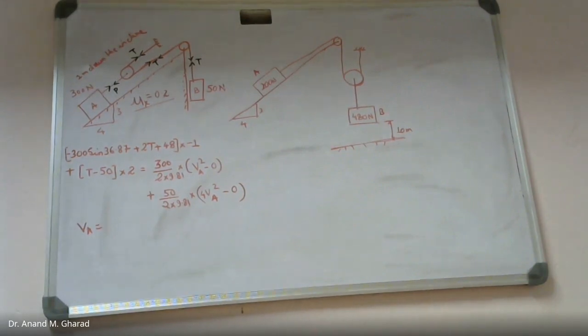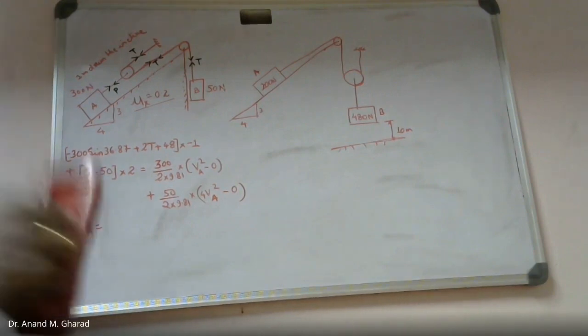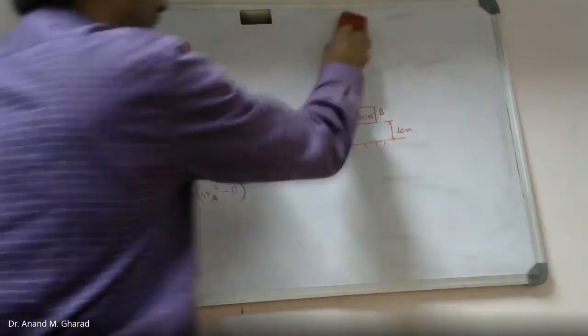Okay? So this is a numerical which is very much similar to this. You are supposed to identify the unknown value. Now we have discussed the impact equation, right?